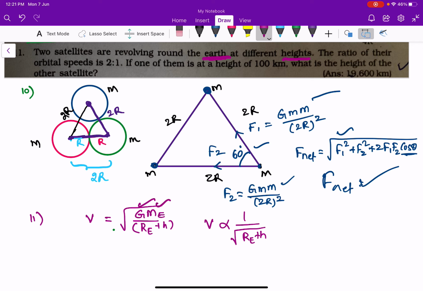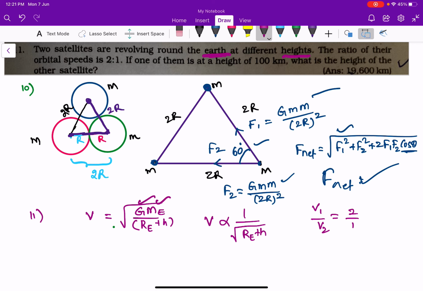So the ratio of their orbital speeds, v1 divided by v2, is equal to 2:1. If one of them is at a height of h1 equal to 100 kilometers, what is the other height h2?